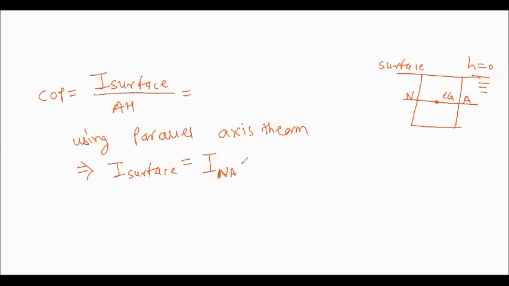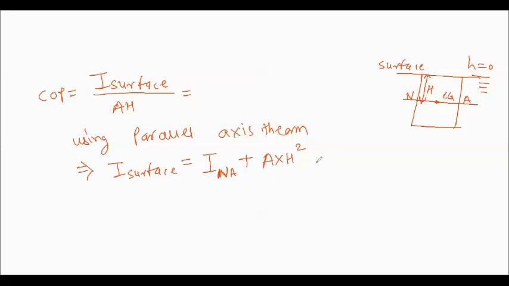So I am writing INA plus area of the bulkhead into the distance between the surface and the neutral axis. In this case, the distance is h. From the free surface to the neutral axis, the vertical distance is h. So formula becomes like this. I surface is equal to INA plus AH square.